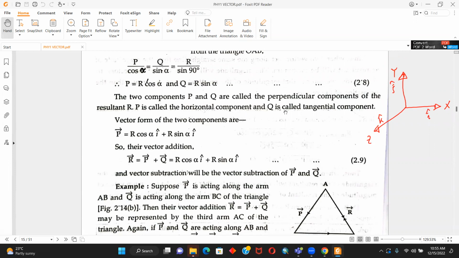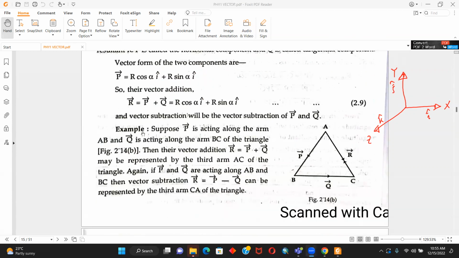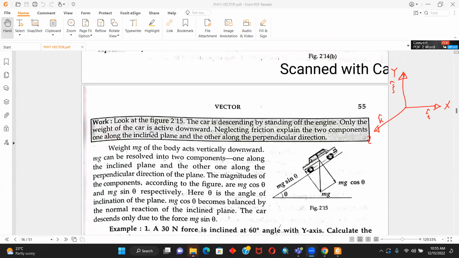One is working in the x-axis, so it should be represented by i hat, which is perfectly fine. And one is working in the y-axis, so it should be represented by j hat. Anyway, it's just theoretical things. If we are able to solve the maths perfectly, then these things won't matter. But sadly, there are mistakes in this book.